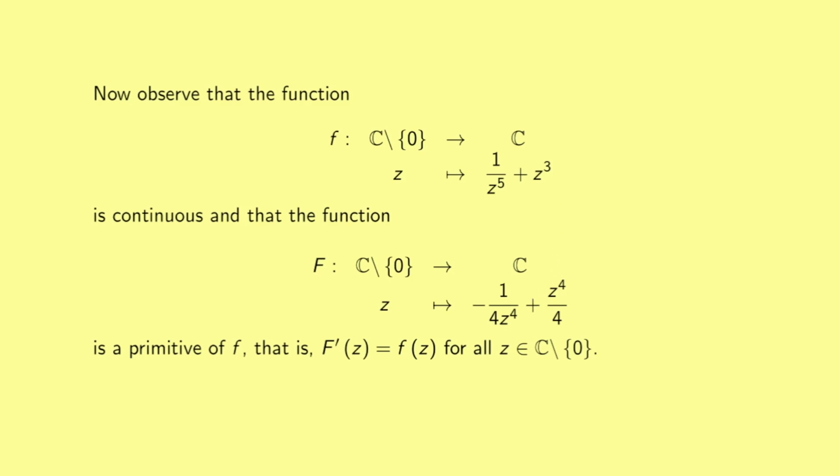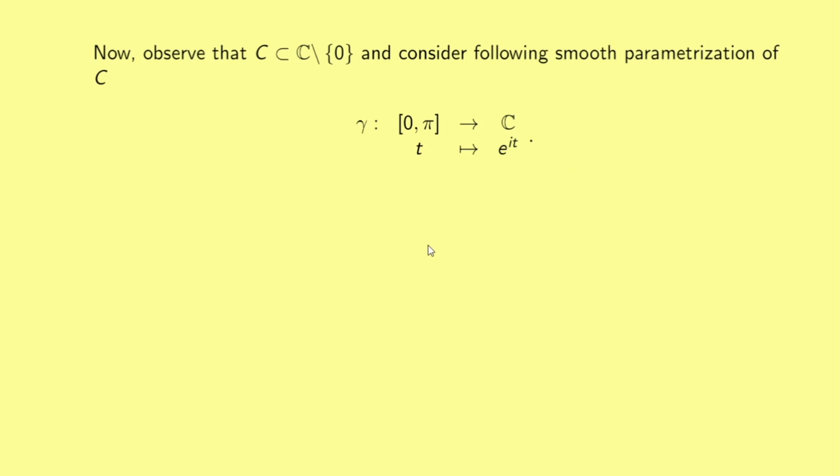Now, all we have to do is use the fundamental theorem of calculus in its complex version. So we need a parametrization of the curve over which we want to integrate. We could take any smooth parametrization of it.